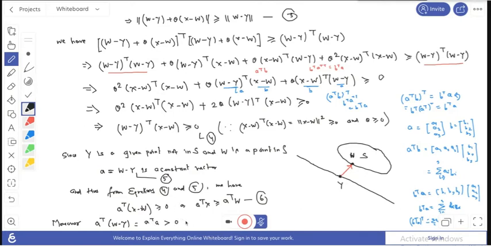This implies that A transpose W minus Y is greater than 0, which means A transpose W is greater than A transpose Y. And this is equation number 7.